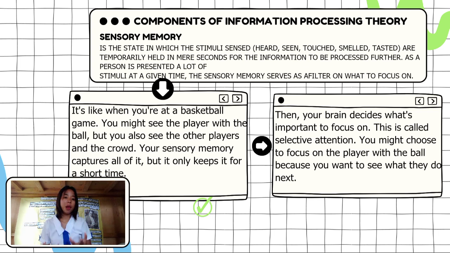Then, your brain decides what's important to focus on, and this is called selective attention. You might choose to focus on the player with the ball because you want to see what they do next. So, naa siya'y selective attention gihapon.